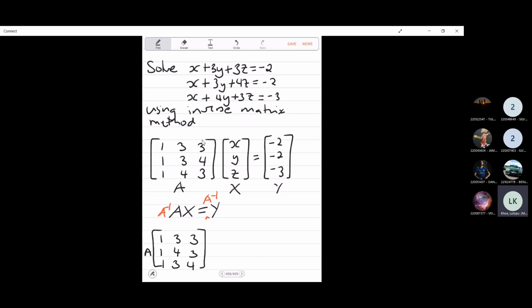And then A inverse is the matrix that I have on the other side, which is 4, minus 3, minus 3, minus 1, 0, 1, minus 1, 1, 0. Okay, so this is the inverse of that one, not of this one.